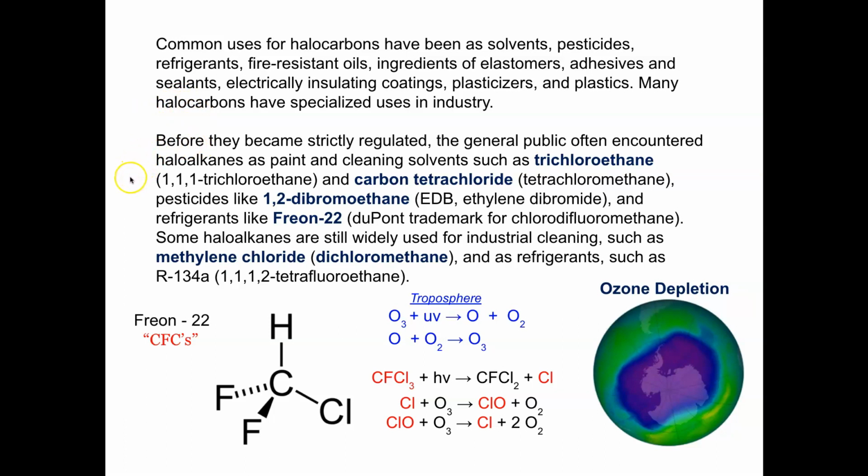For instance, if you like hairspray, and I love hairspray with my hair, okay, we would have a liquid that was a halocarbon that was under pressure, and when you pushed on the valve and released the pressure, it would push out the product. So because they were liquids, and under warm temperatures they boiled easily, they were used as aerosols.